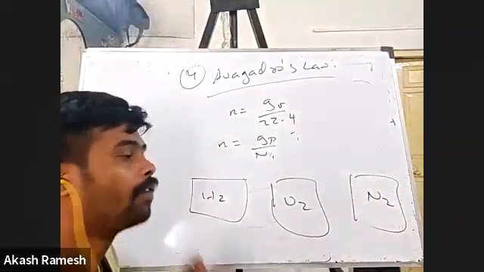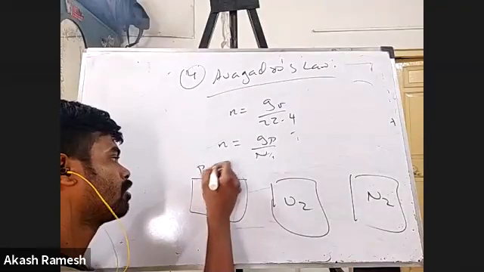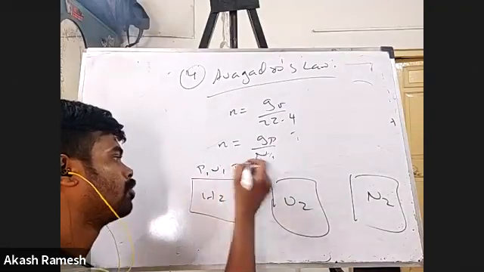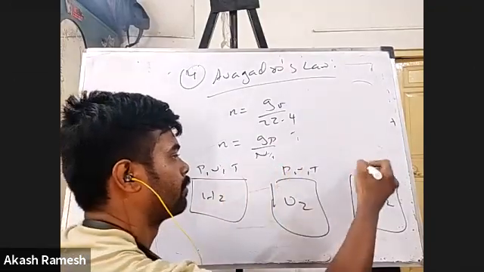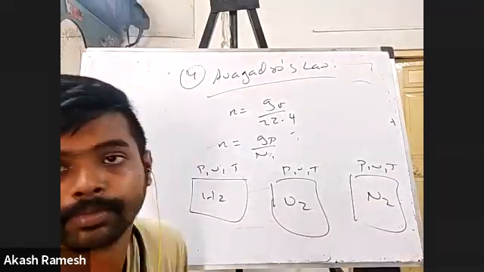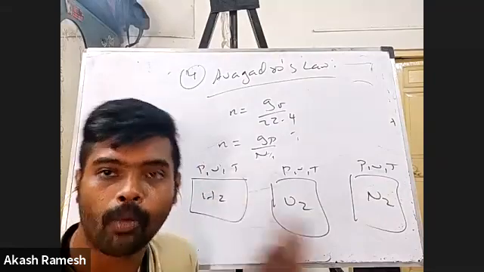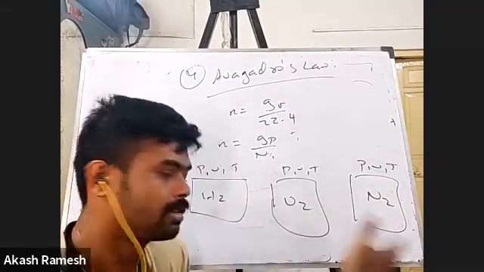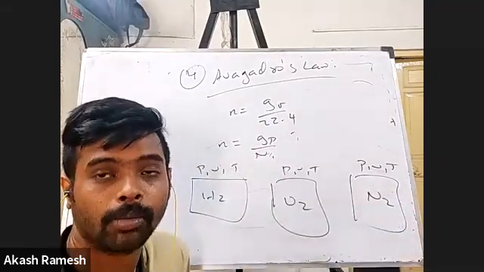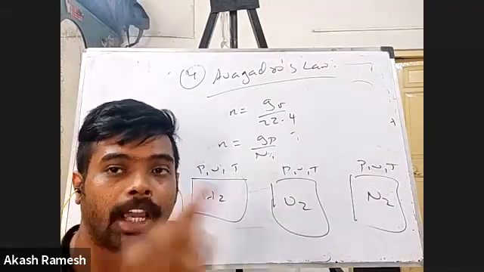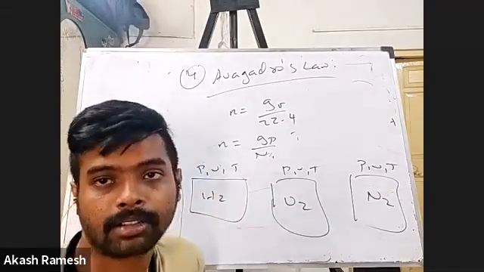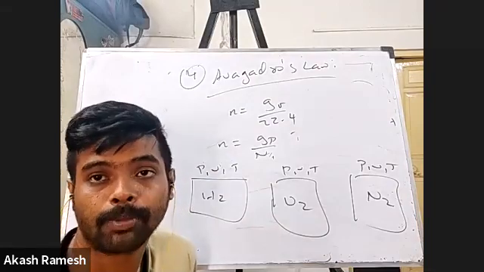Different gases. For all of them, I have pressure, volume, and temperature to be the same. I told you, at constant pressure and temperature, same volume of different gases will have the same number of particles. Now how will I prove it to you?